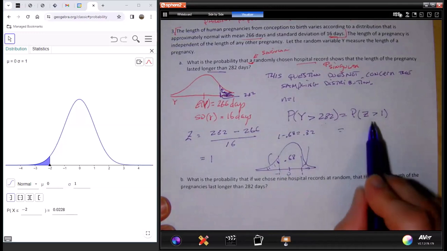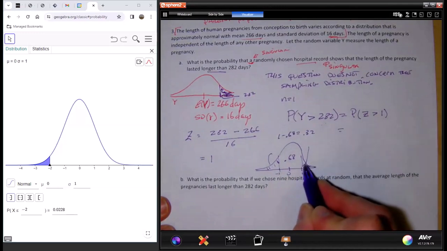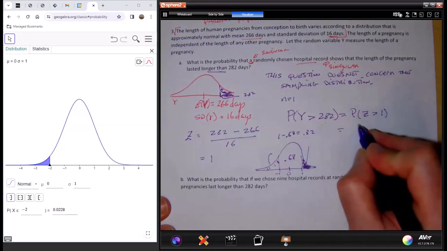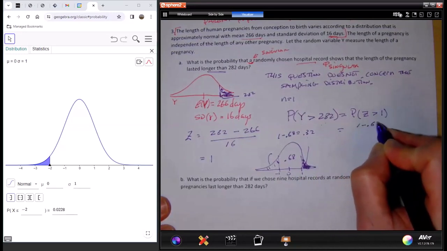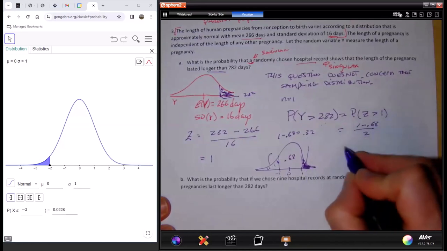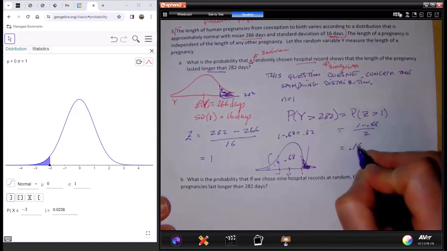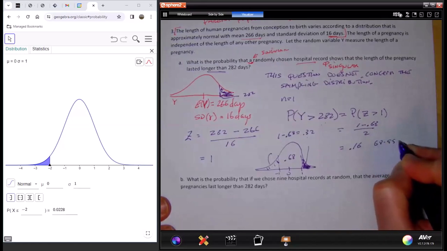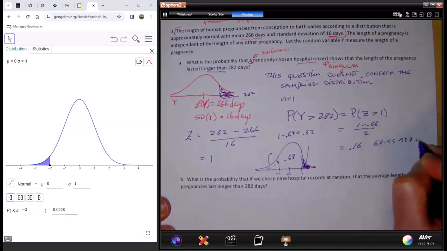The chance of it being greater than 1, which is all we want right here, is only going to be half this number. So 1 minus 0.68 is 0.32, take half of it, and that's 16%. Again, this uses the 68, 95, 99.7 rule, which is an approximation.